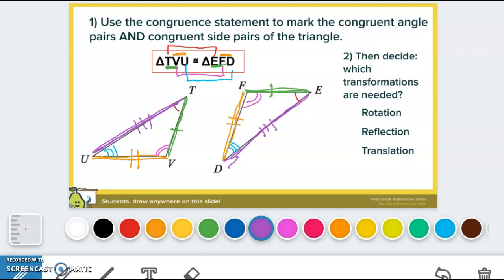If I bring the green side to the top, then the red angle is going to be on the left. So what else do we need? We actually need not just rotation, but we need to flip it over, and then rotate. So we need reflection and translation and rotation. So we need all 3.